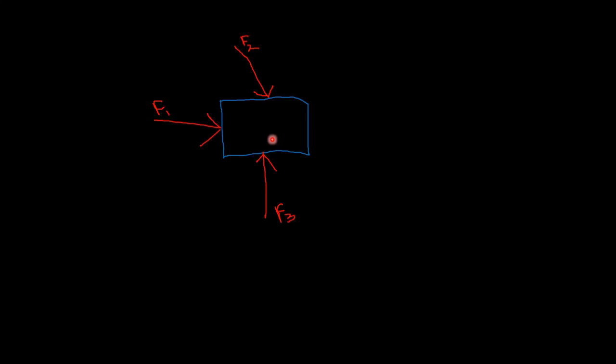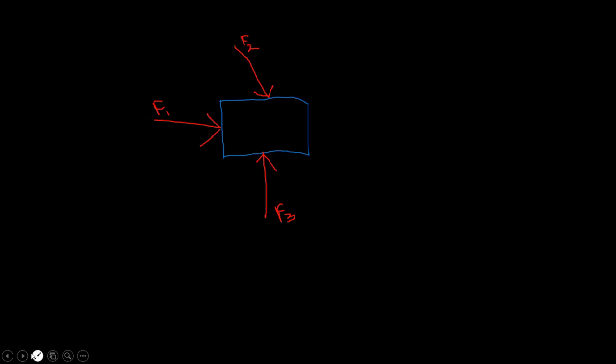Like if I am pushing from this side and someone is pushing from that side, there would be no effect from that person on my force. I am pulling with my full force. If he pulls from this side, the body would just move to this side.